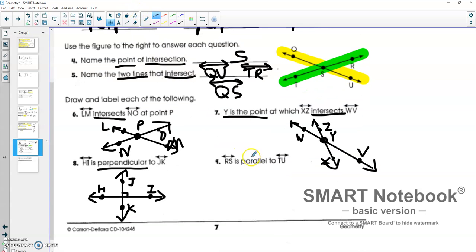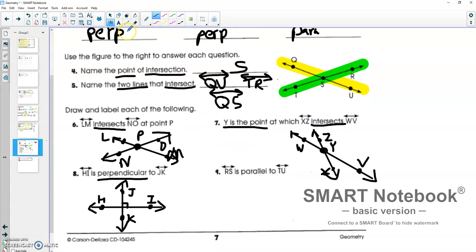Okay. Number 9. RS is parallel to TU. So I'm just going to do RS first. Maybe I'll do this before anything. I'm going to put an RS right here. Now, because it's parallel, it does not intersect like this.